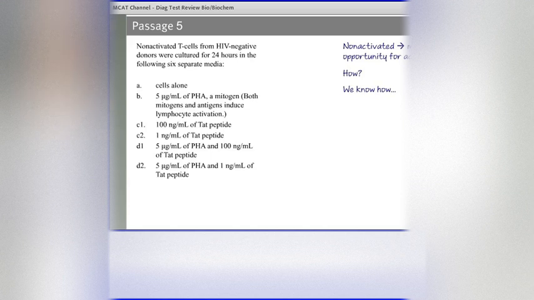So on my roadmap or my scratch paper or my outline or my cheat sheet that I'm keeping off to the side, I'm going to jot down D1, D2, something about TAT peptide difference. C1, C2, again, TAT peptide difference with no PHA, right? Quick little note, so when the actual question comes up that says PHA on my plate with TAT peptide in this amount, I know exactly where to go back to in order to compare that type of experiment.